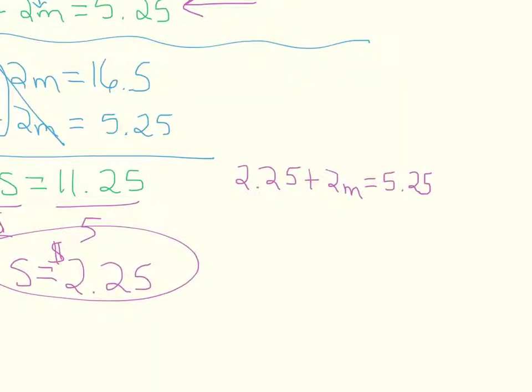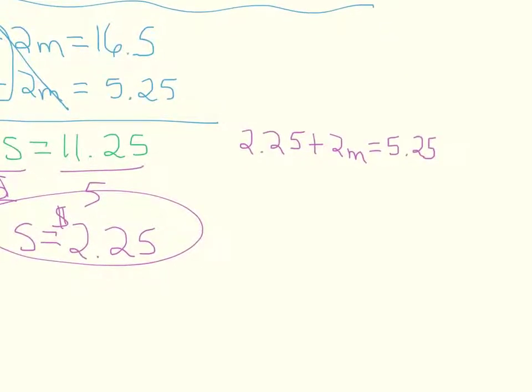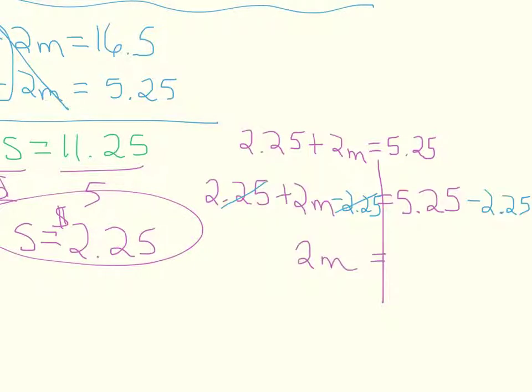And now let's solve. Subtract 2.25 on both sides. So 2m equals 3, and then if you divide both sides by 2, 3 divided by 2 means that every milkshake costs $1.50.